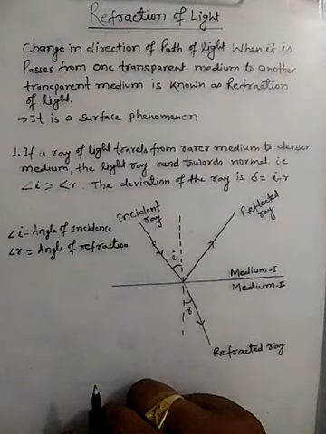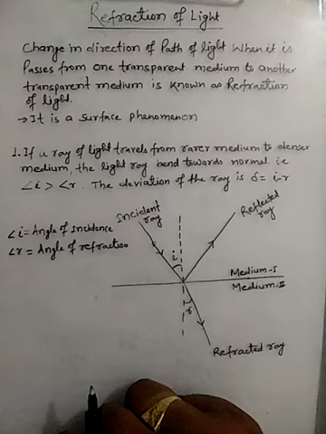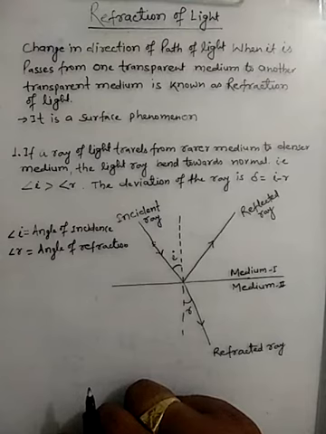Refraction is basically a phenomenon in which the path of light rays changes its direction when it passes from one transparent medium to another transparent medium. This phenomenon is known as refraction.